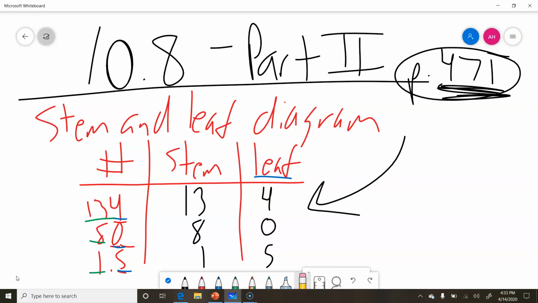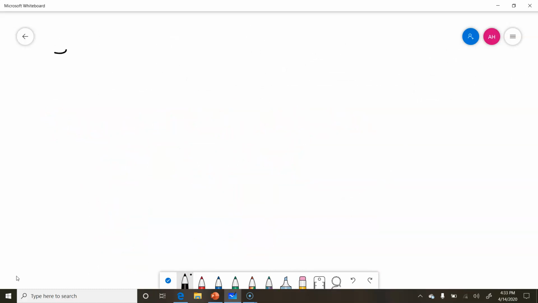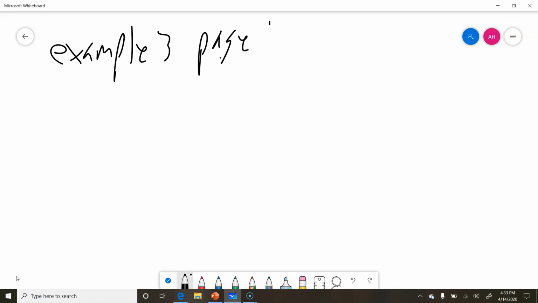Let's say that they give us some numbers. If you need to pause that, pause that. This is example 3, and it is on page 471. Example 3 on 471.